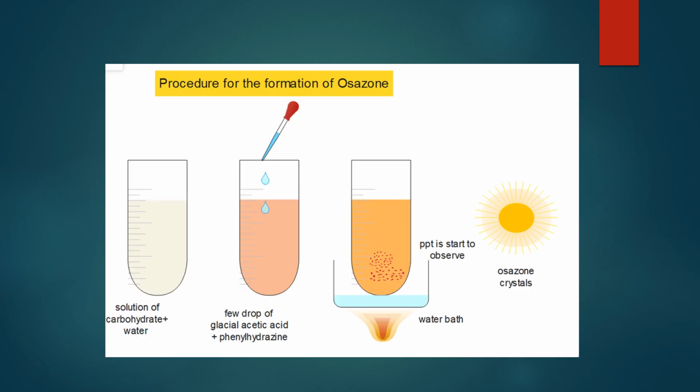So this is the procedure in the picture. This is a solution of a sample. We dissolve a carbohydrate in water and add 5 drops of glacial acetic acid and 0.3 gram of the oxazone mixture, or phenylhydrazine reagent, and gently heat on the water bath.